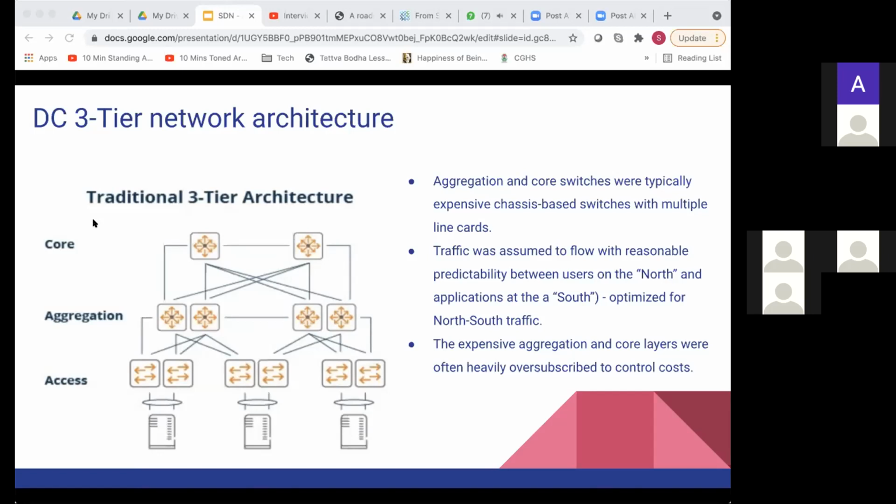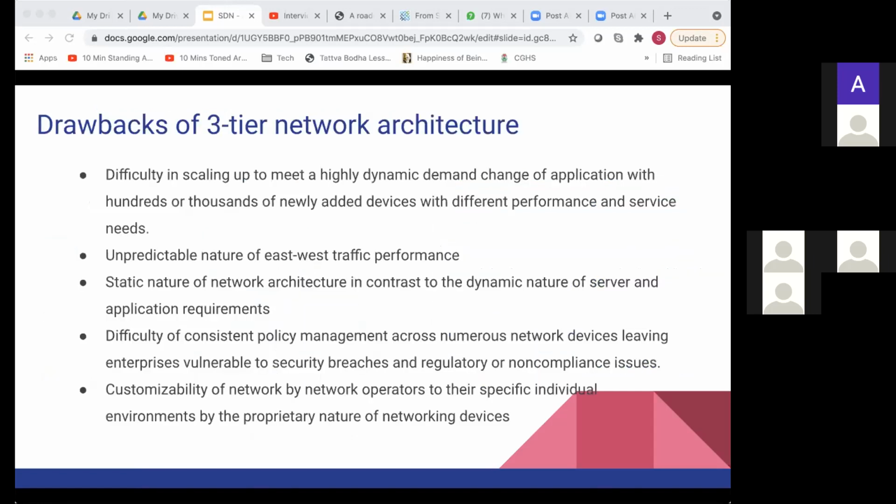When you talk about this architecture, we should consider all its drawbacks and why we moved to the next evolution of the network architecture in a data center. These were some of the issues with the three-tier architecture. First, there was difficulty in scaling up to meet the high demand of an application.